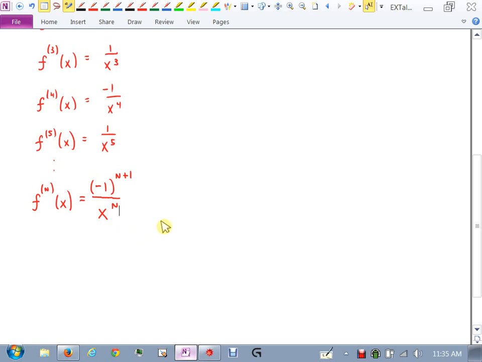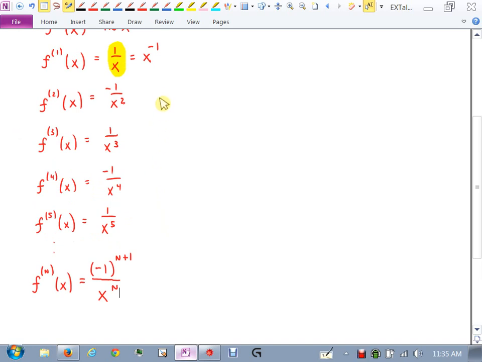There's something missing here. There was something missing in these derivatives, and I think we need to go a little slower through this. Let me do it this way. Come back up here. Do you see that we're not dropping down numbers?